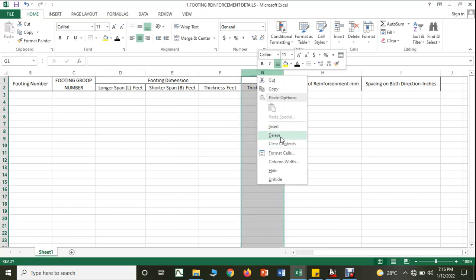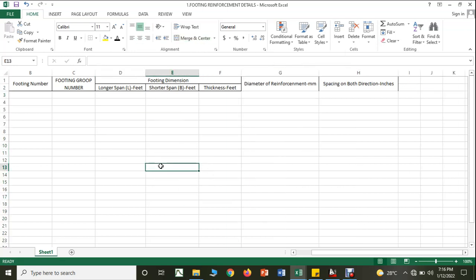Then its corresponding diameter of reinforcement and its corresponding spacing of the reinforcement in inches. In both directions we are giving the same number, right?